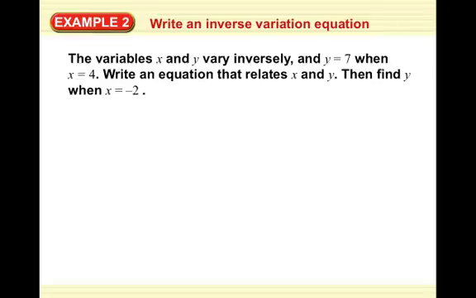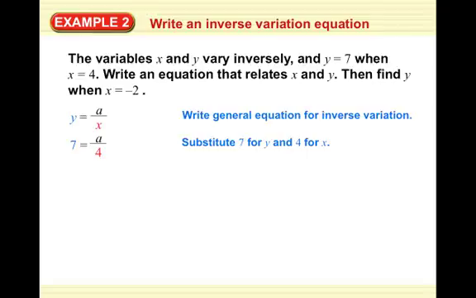The variables x and y vary inversely, so that tells us y equals a over x, and y equals 7 when x equals 4. That gives us a specific case so we can solve for a. Write an equation that relates x and y. Then find y when x equals negative 2. So we write our general equation, y equals a divided by x. Then we plug in the specific pair that we were given, y equals 7 when x equals 4, so that we can solve for a.